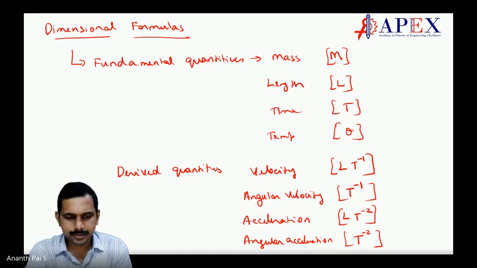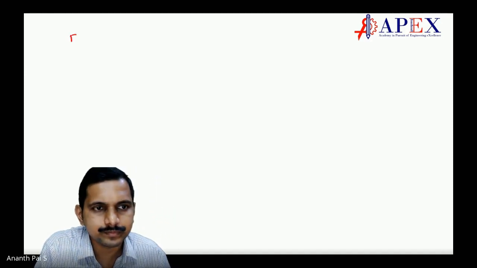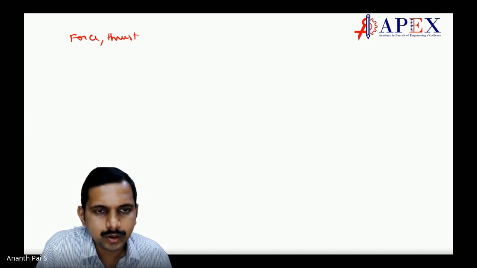Done, students? Yes, sir. Next, let us go one by one afterwards. Let us take force, or you can say thrust, or weight. What is the dimensional formula for that?